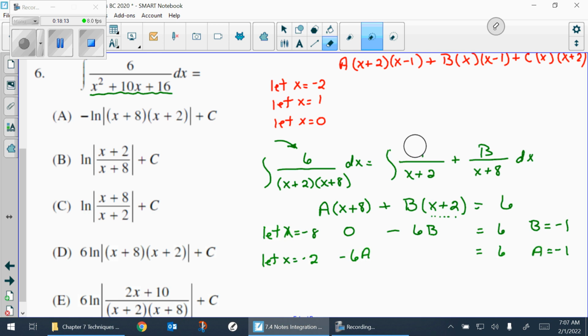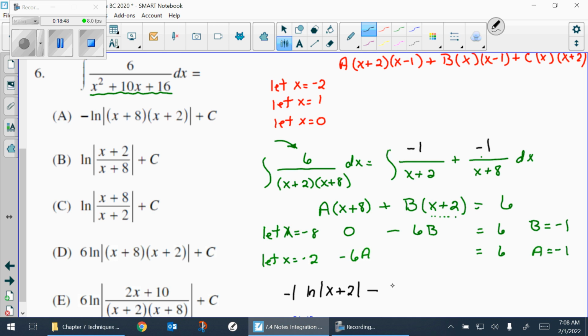And so what I've got here, since I have figured out a and I have figured out b, is negative 1 natural log of x plus 2 minus the natural log of x plus 8.